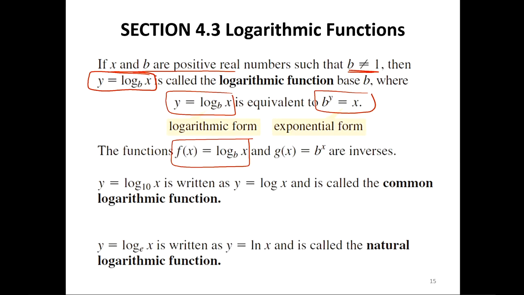Okay. We have two special logarithms. The first one, the common logarithm function. If we have the base 10, we can write log without a base. So any logarithm without a base is a common logarithm directly. For example, if we have log box equals, for example, 3, what's the value in the box?